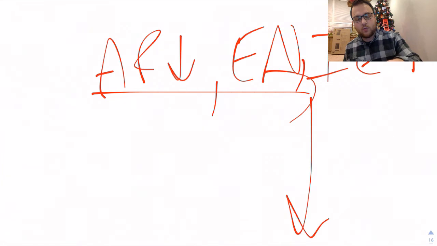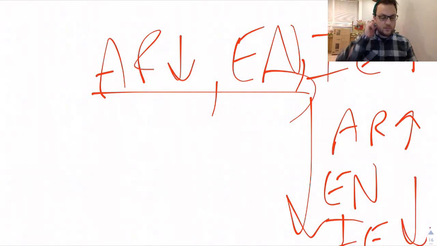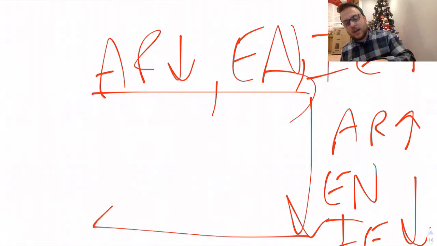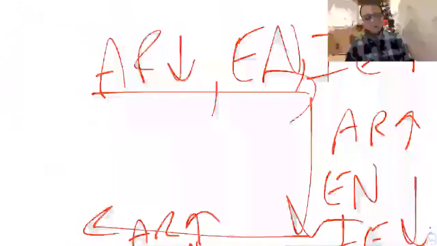Going back that way, we got radius, up, electronegativity and energy going down. And then completing the square or rectangle, we got radius, down, electronegativity and ionization energy going up. Those are the trends.